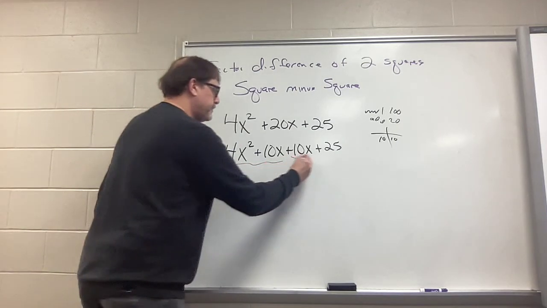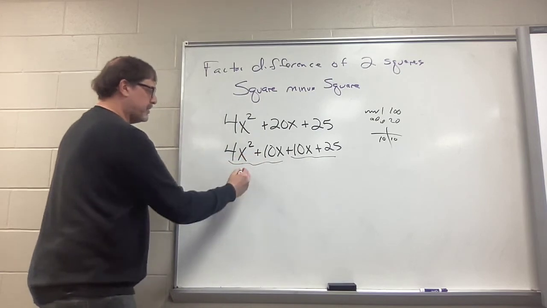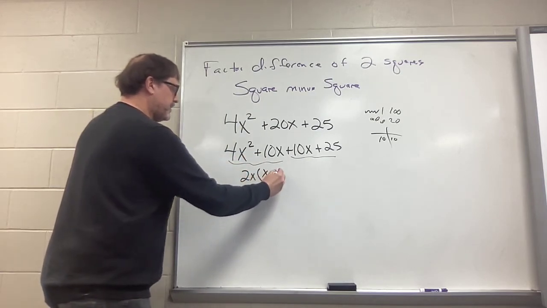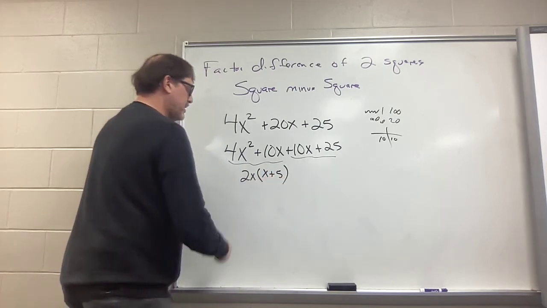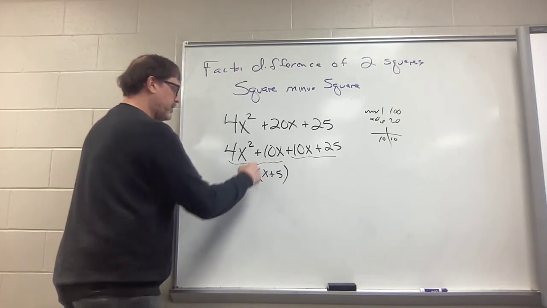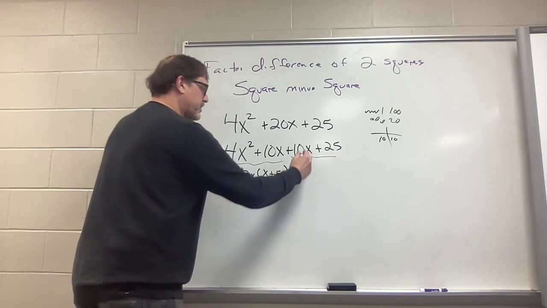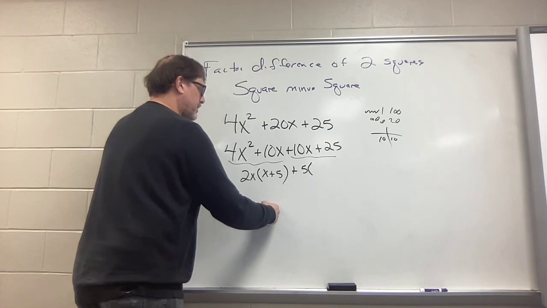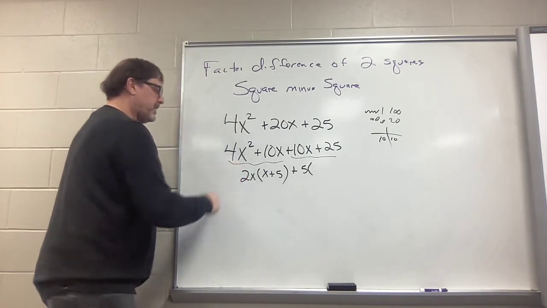Groups of 2. Let's see, it looks like a 2x comes in here, leaving an x plus 5. 2 times 2. Yep, and here it looks like a 5 comes out, leaving a, what did I do? Oh, I did something wrong.